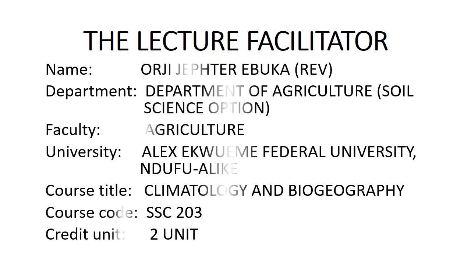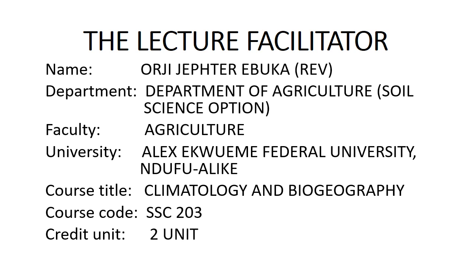The lecture facilitator by name Orji Jephter Ebuka, Department of Agriculture, Soil Science Option, Faculty of Agriculture, Federal University Dufanike. The course for today has its title as Climatology and Biogeography.